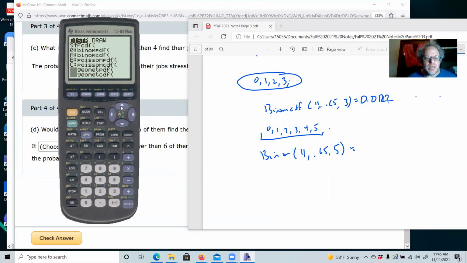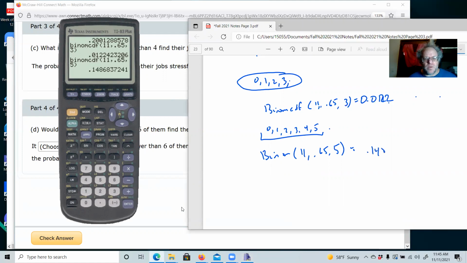Distribution, binom CDF, because we want a collection, and we have 11, .65, comma 5. Right. We end up with 0.1487, right? Because that 8 rounds 6 to a 7.